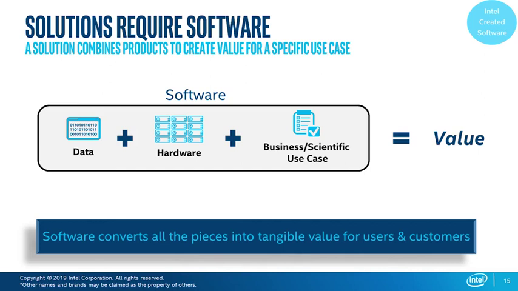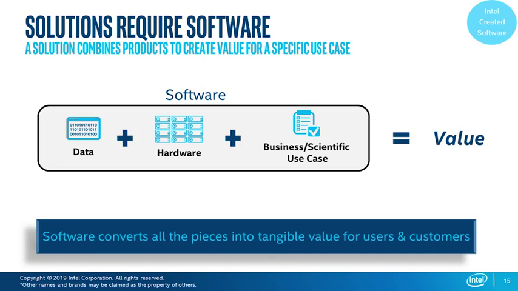And I do want to take a quick step back to let you know, why is software important for HPC? So as a customer is trying to get value out of their HPC systems, this customer is going to be bringing together data which exists on their site. They're going to be buying hardware recommended by you. They're going to have a very specific business or scientific use case. But those three things by themselves do not give you value. You need to have software to glue all that together.